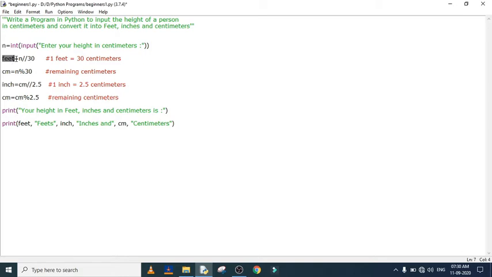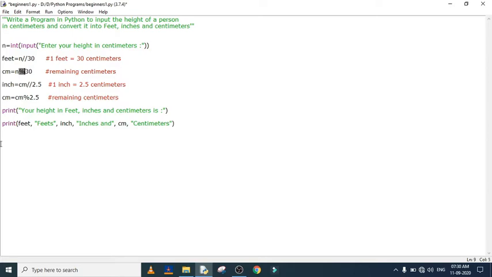In the next statement, because the remaining centimeters are to be converted into inches, suppose 7 centimeters are left, that should be converted into inches also. I have written the statement cm, meaning centimeter, equals n mod 30. This mod operator is used to give remainders.